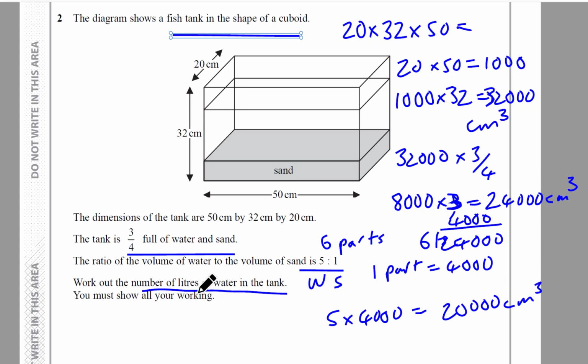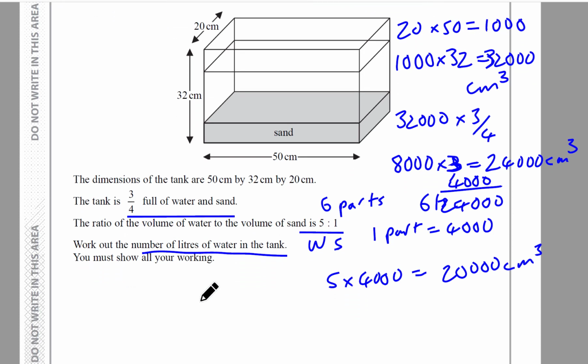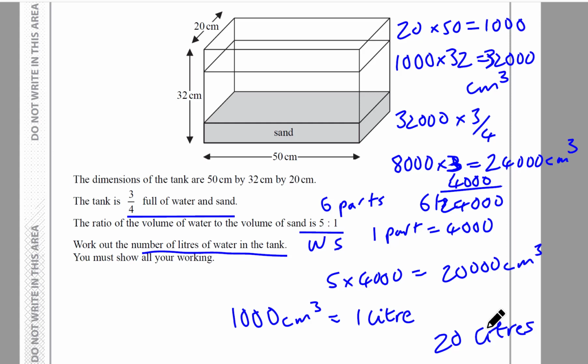Now be careful, it says the number of litres in the tank. So hopefully you remember that 1000 centimeters cubed equals 1 litre. So hopefully you'll know that the answer then will be 20 litres, and that's a key answer mark, and this conversion is worth a method mark as well.